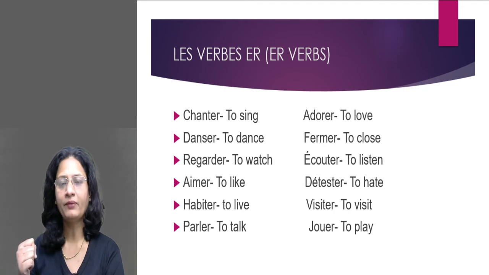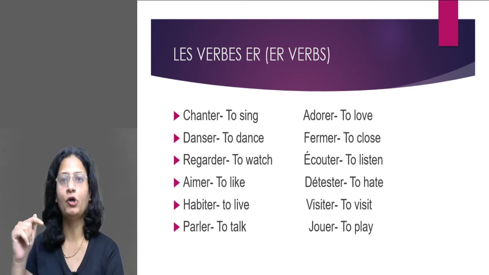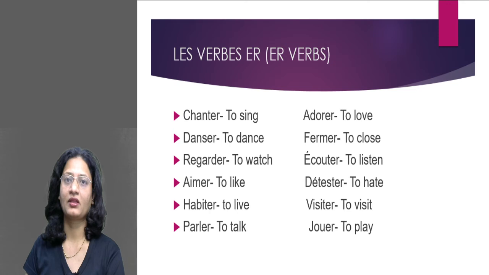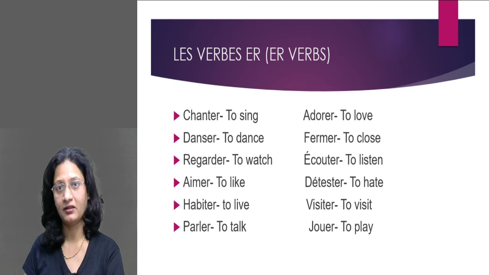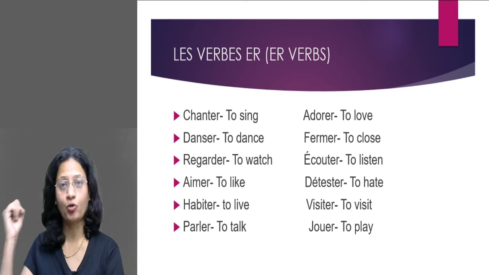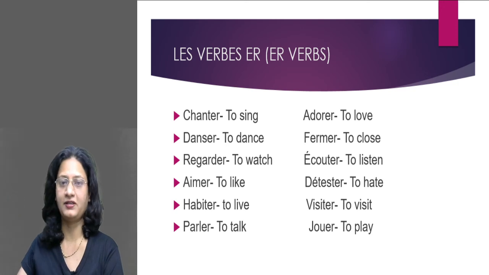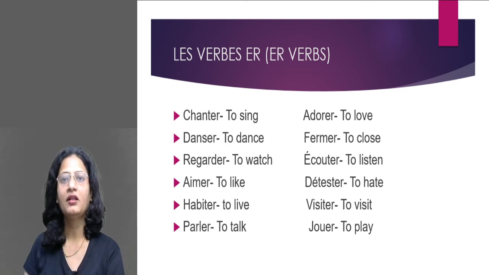Adorer also starts with the vowel a, so j'adore, like aimer and habiter. Fermer, to close, écouter, to listen, it's like adorer, j'écoute, with an apostrophe. Détester, to hate, visiter, to visit, jouer, to play.